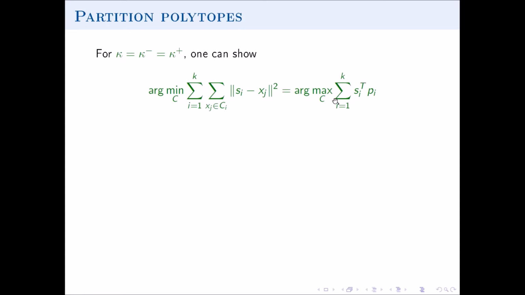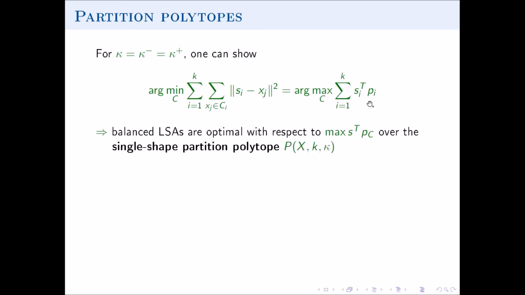So the difference between these two terms is just a constant based on the coordinates of the sites and the coordinates of the data points. So what this means is for a single shape partition polytope, so wherever one has exact cluster sizes, balanced least squares assignments are optimal with respect to linear optimization with respect to the sites as a direction. So you optimize linearly in direction of the sites.